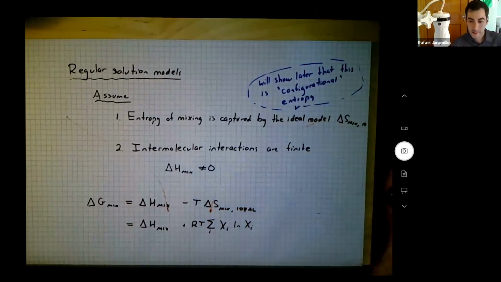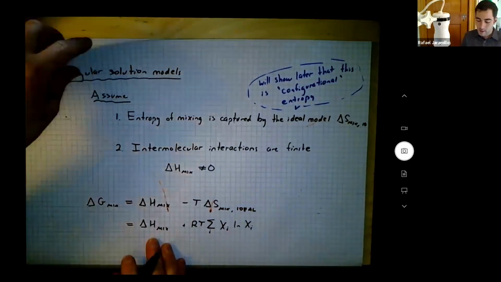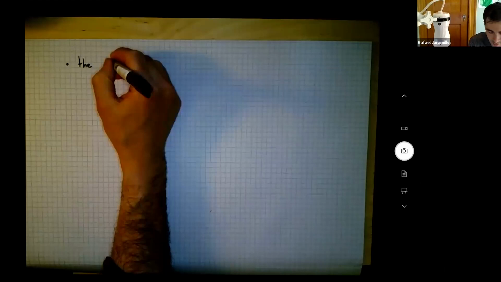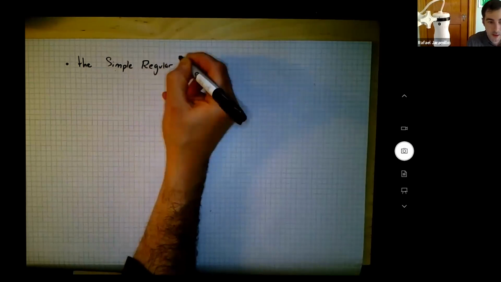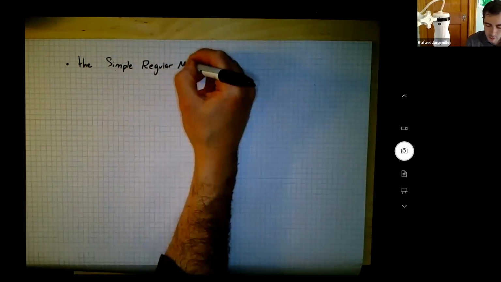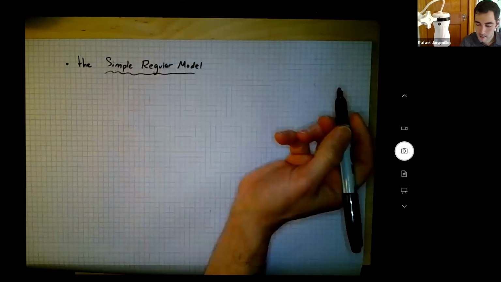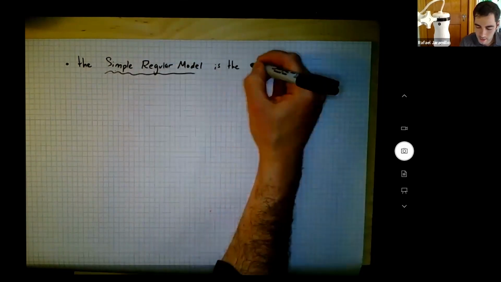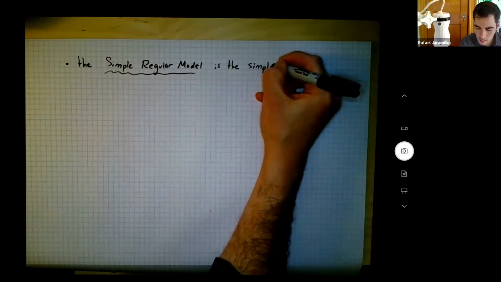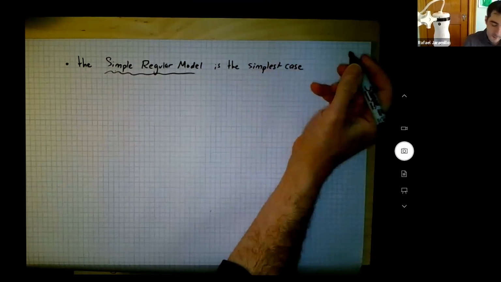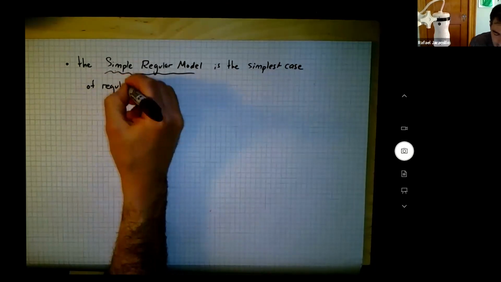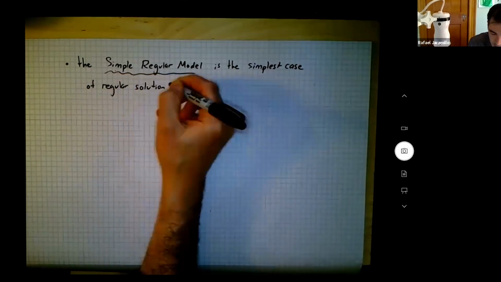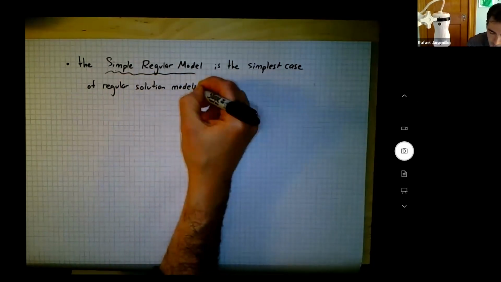And I'll give you one more piece of information, which is the simple regular model. The simple regular model is the simplest case of regular solution models for binary systems.